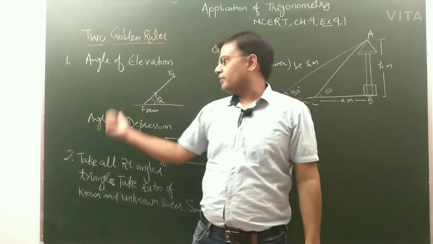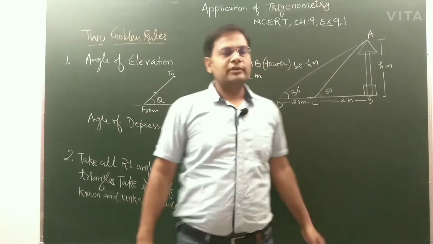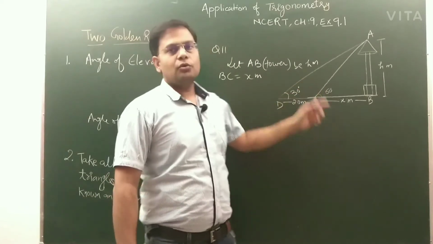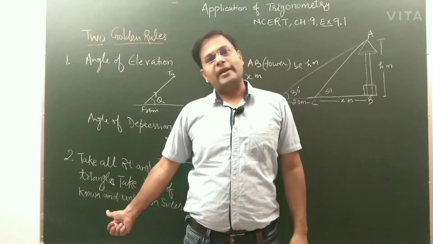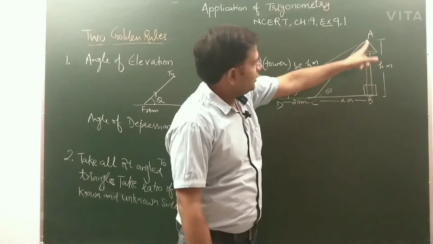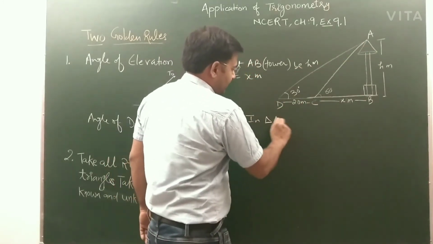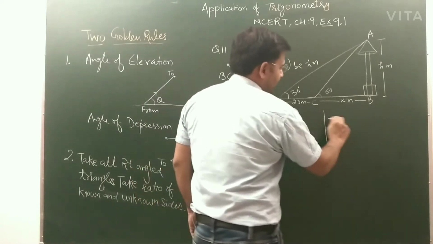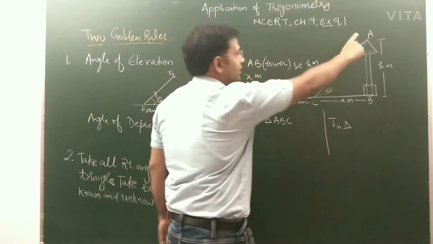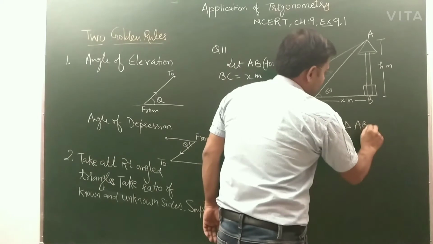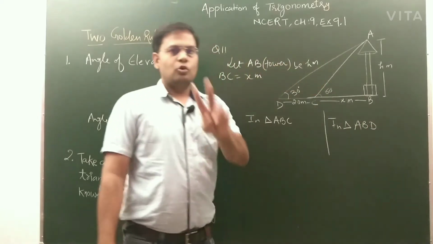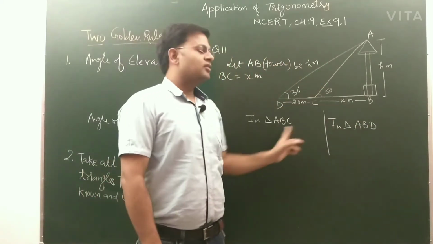The first rule we have already applied, that the angles of elevation were there. Now the second rule is that you take all right angle triangles. So triangle ABC is one triangle, and the second triangle is ABD.